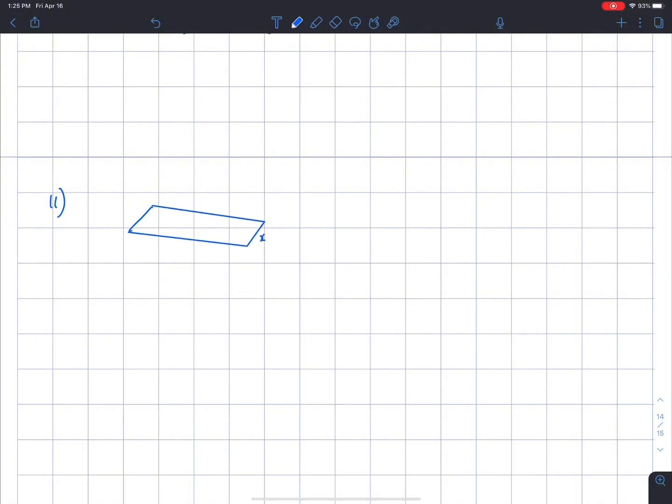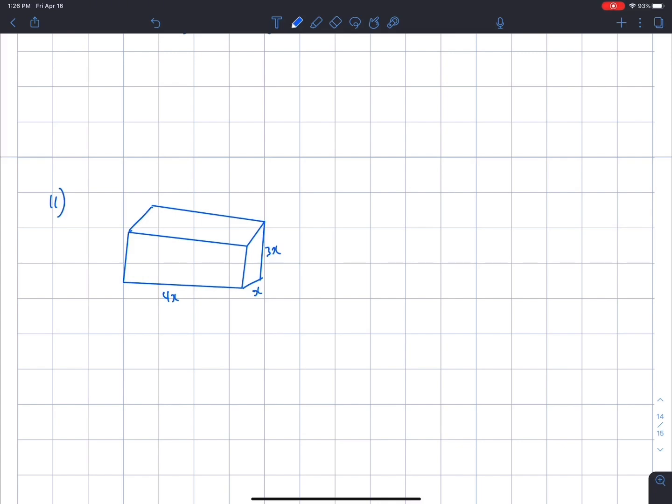So if the width is x, then the length will be 4x. And the height is 3 times the width. So I'm not very good at drawing, but this is supposed to be a rectangular prism.